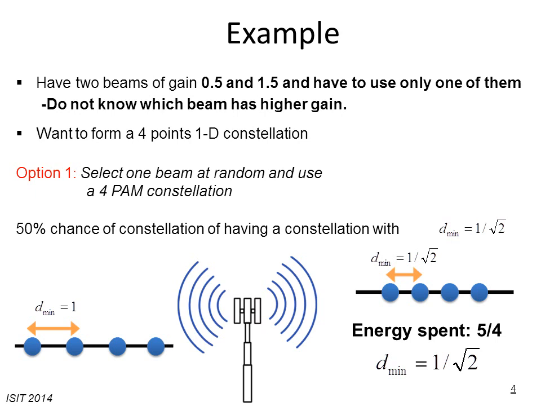So we are spending an energy of 5 divided by 4, which is the energy of that 4-PAM constellation at the transmitter, and we are receiving a constellation that with 50% chance has a d_min of 1 divided by root 2.